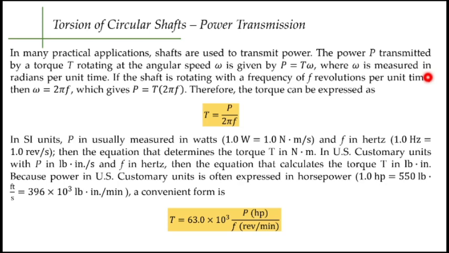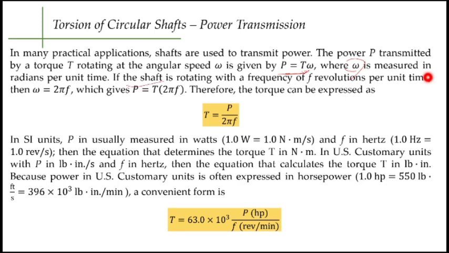But nevertheless, the formula for power is the amount of torque multiplied by the angular speed, right? And we know that angular speed, which is omega, is measured in radians per unit time.